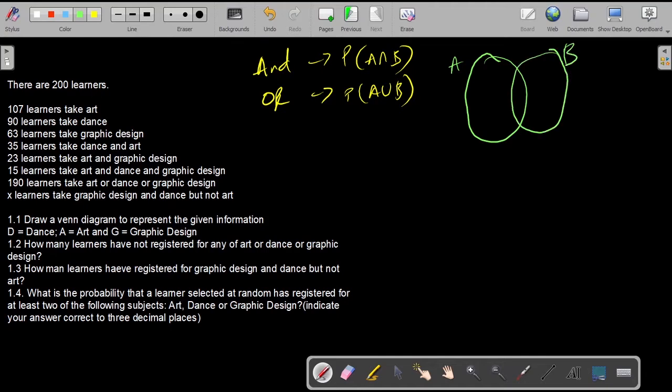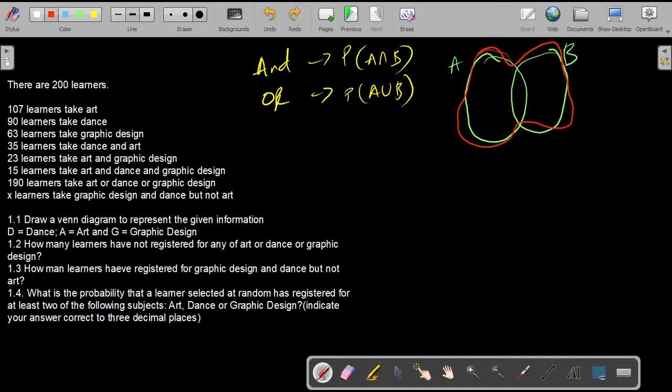When we say and, we are talking about this portion which overlaps, or this portion where we have the intersection of A and B. But when we talk about or, we basically include both of them. So if we want to find ourselves in either A or B, then we're talking about everything here inside.